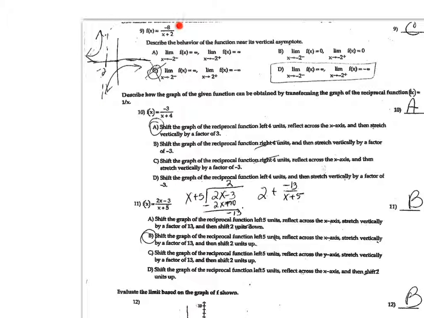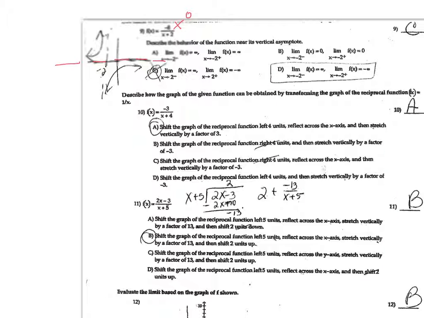The numerator exponent is less than the denominator exponent, because this is x to the 0 power, which is less than x to the first power. So it's at y equals 0. Then since it's negative 8, it reflects over the x-axis. Once you have your graph, then you can determine the behavior.